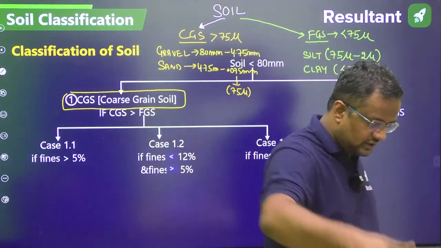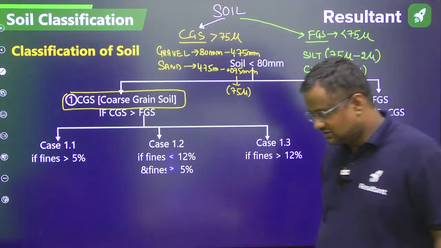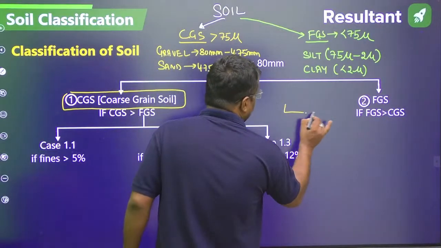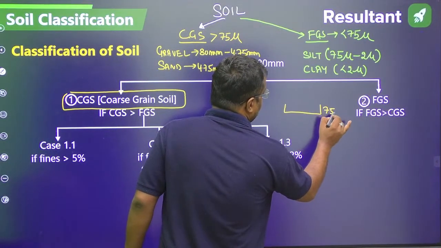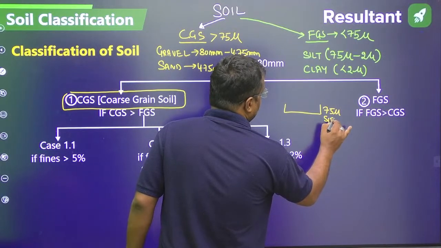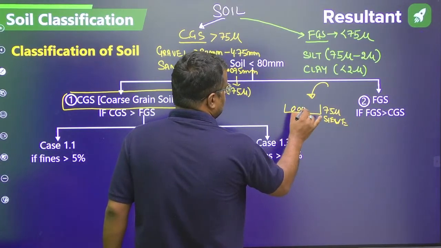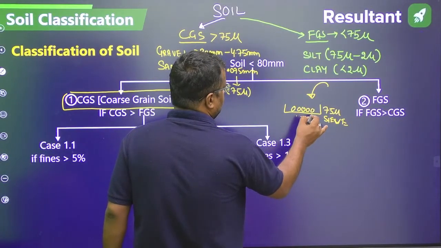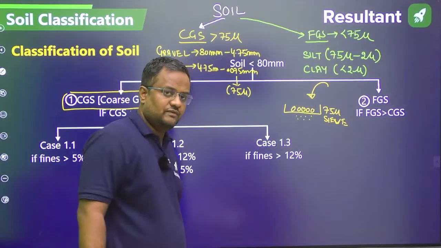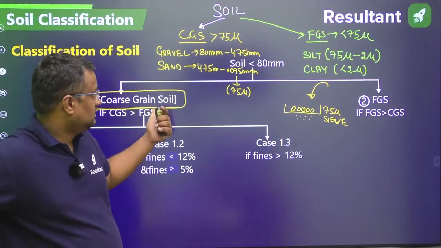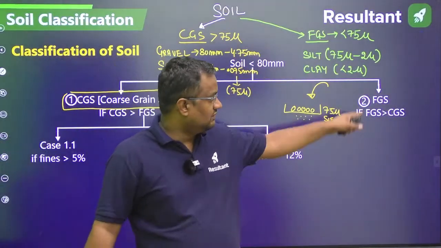If it has gone down, then it will be a fine grained soil. Pour the soil; bigger particles will be retained here, smaller particles will pass. If more than 50% is retained, it will be coarse grained soil. If more than 50% passes through, it will be a fine grained soil.